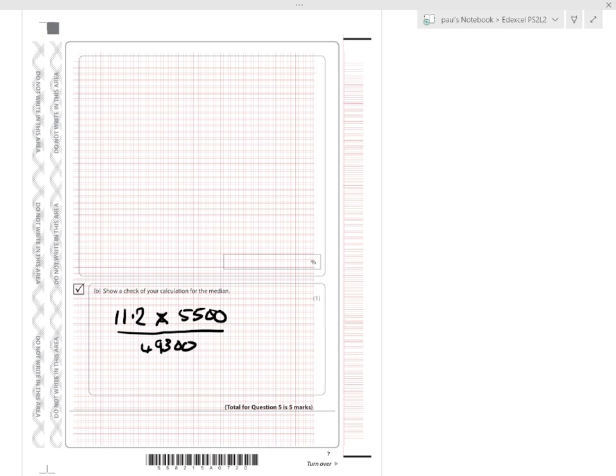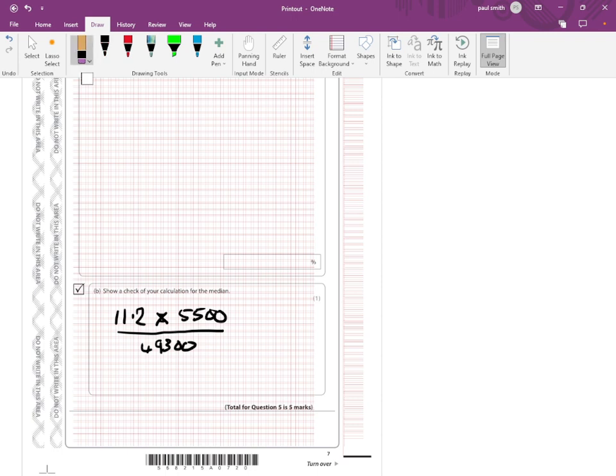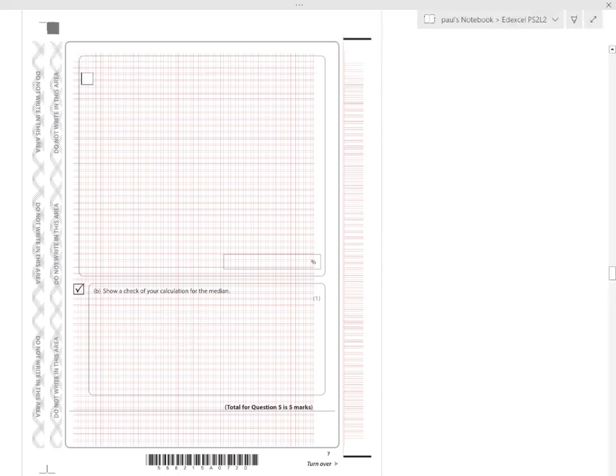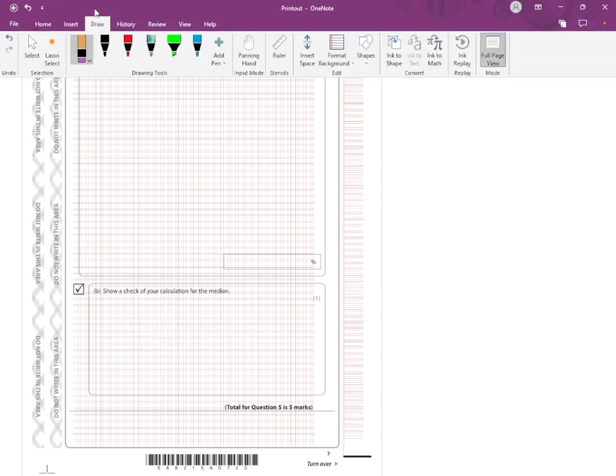11.2 times 5500 divided by 49300 is 1.2. Not really sure about doing this check. So what have we got?